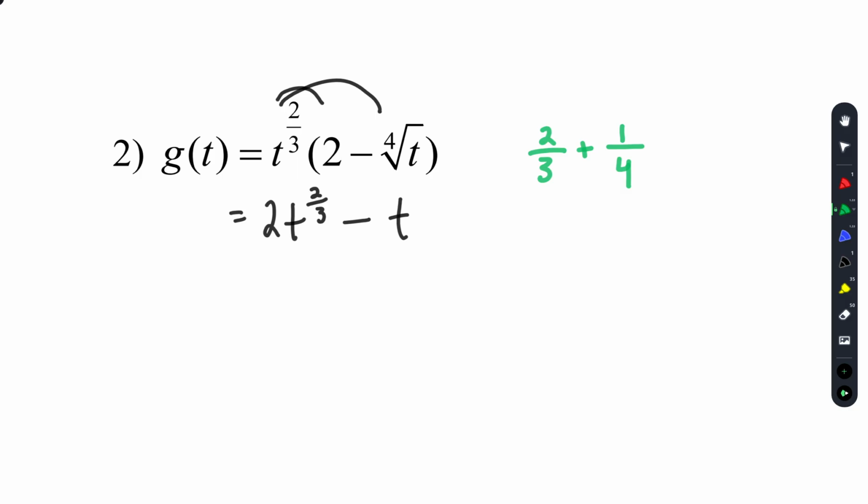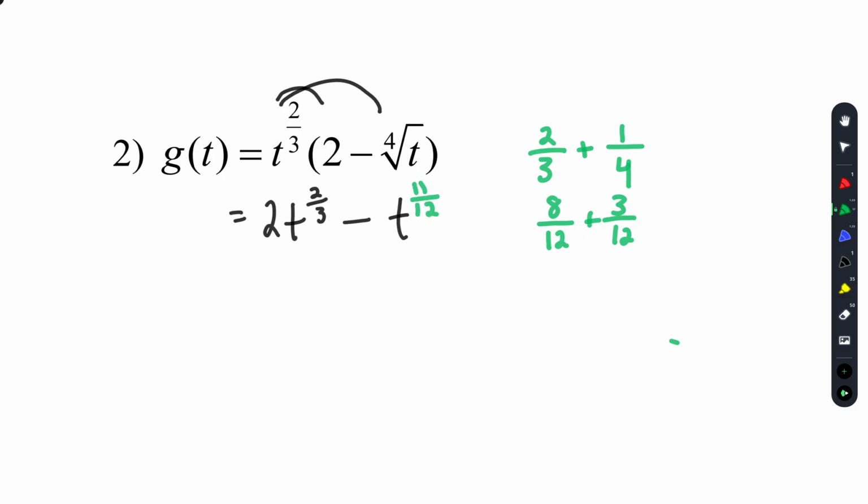Because you add the exponents, right? So you need a common denominator. Okay, so 4, 8, 3, right? So that'll be 11/12.